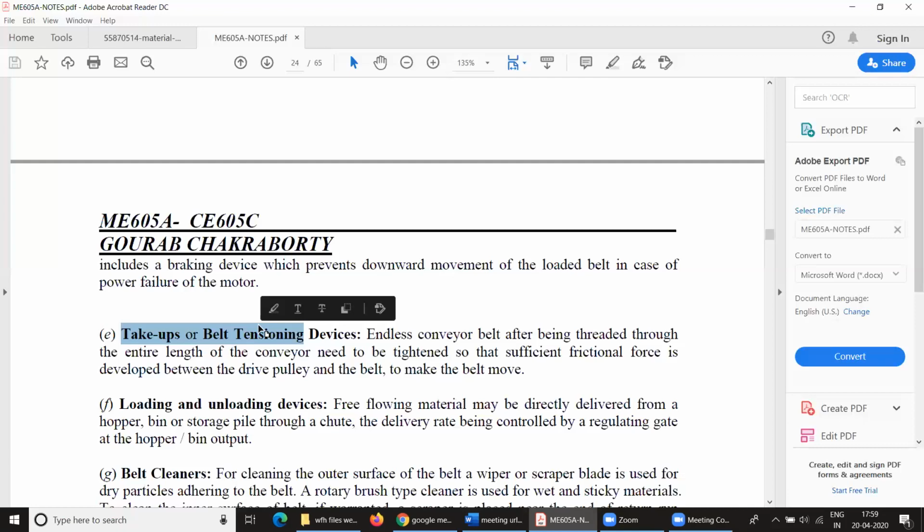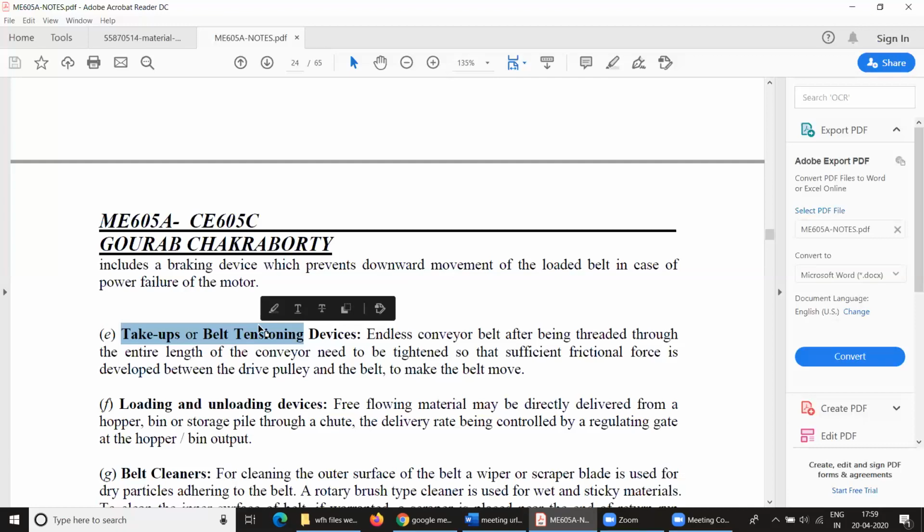Now, the sixth part is loading and unloading devices. We all know that free-flowing material may be directly delivered from a hopper or a bin or a storage pile through a chute.